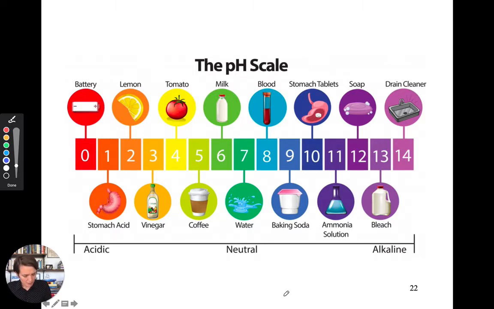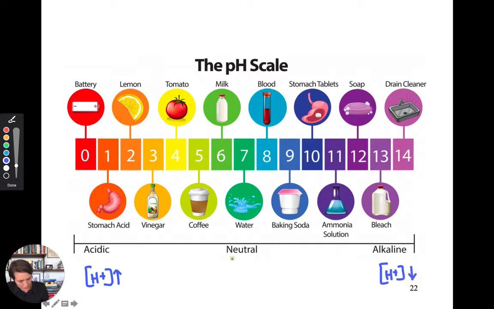Now here we have bleach and drain cleaner at the opposite end of our pH scale, and that's going to be a very, very low concentration of hydrogen ions, higher concentration of hydroxide. So acidic, your concentration of hydrogen ions is high. Here, concentration of hydrogen ions is low.